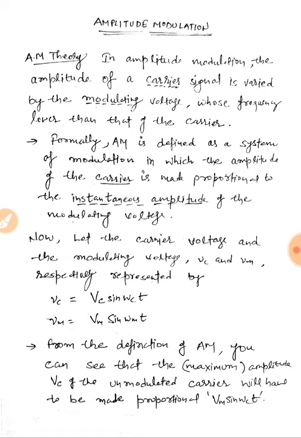So from the definition of AM, we can see that the maximum amplitude Vc of the unmodulated carrier will have to be made proportional to the Vm sin ωmt. As we have seen in the definition, the amplitude of the carrier must vary with the amplitude of the message signal, which is Vm sin ωmt.